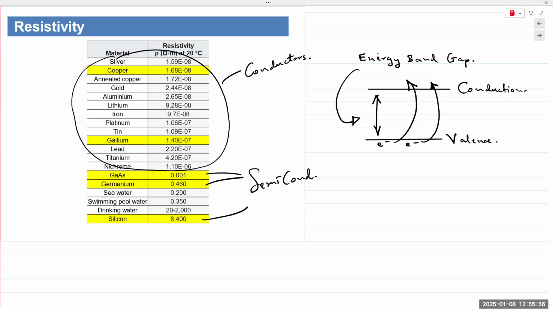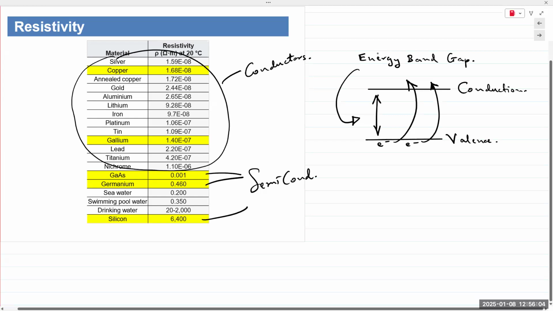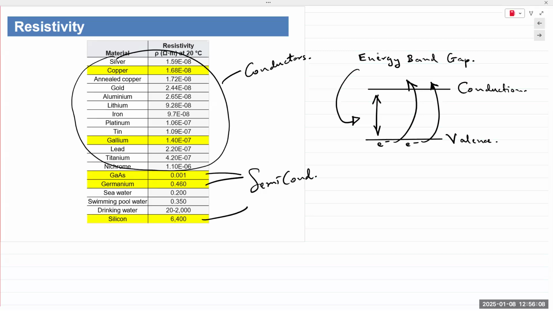Carbon? Absolutely. Carbon has 4 electrons in its outermost orbit, but it is not a semiconductor. The reason is the energy band gap for carbon is about 6.3 electron volts, which is far larger than semiconductors like silicon, which is about 1 or 1.2.